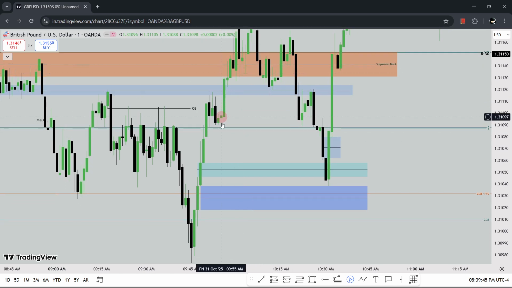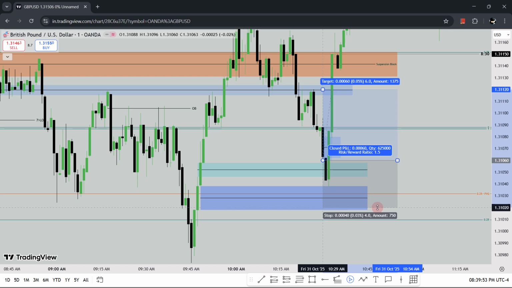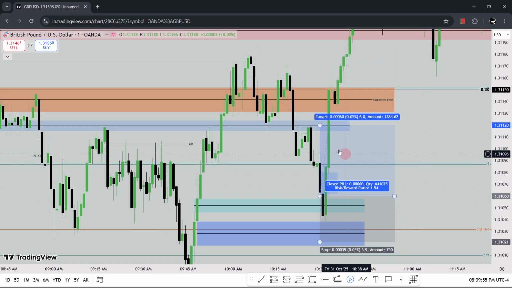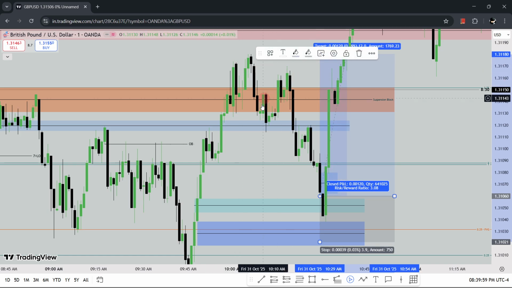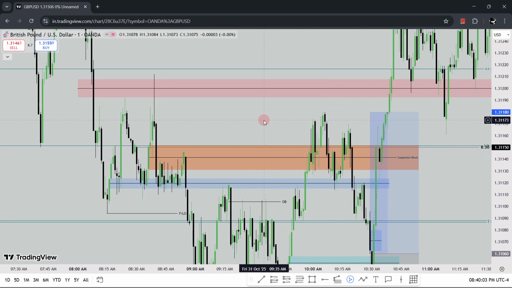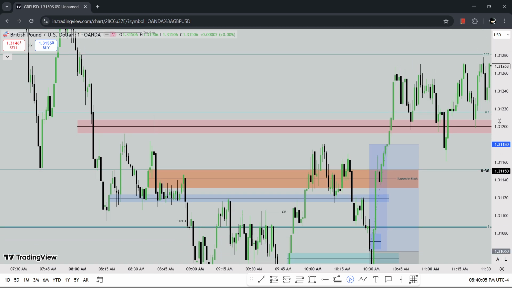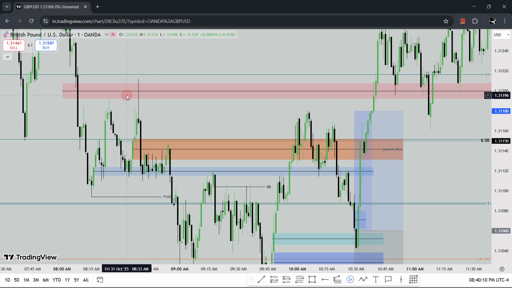So can I actually take a direct entry from here, making your stops around 40 pips could be good, and you can target this high also. I would have a target for this one.